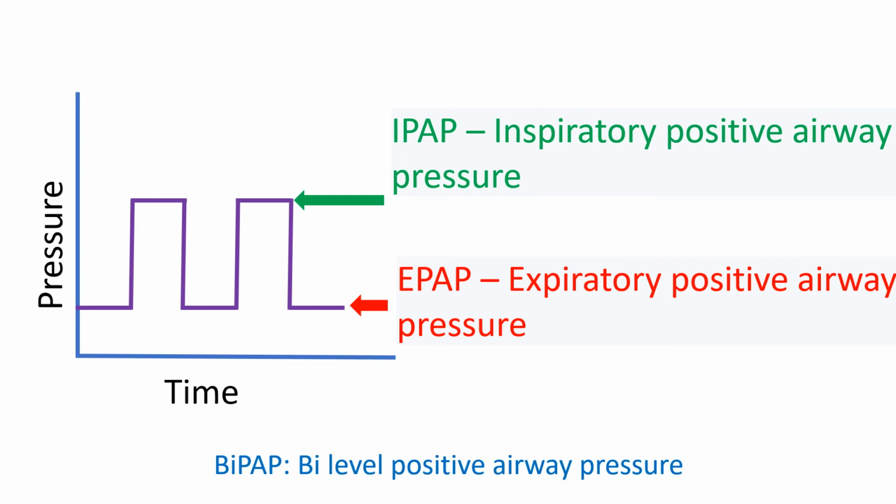Non-invasive ventilation with different pressures in inspiration and expiration is known as bilevel positive airway pressure or BiPAP ventilation. Inspiratory positive airway pressure is known as IPAP and expiratory positive airway pressure as EPAP. IPAP and EPAP can be adjusted according to the physiological needs of the patient.